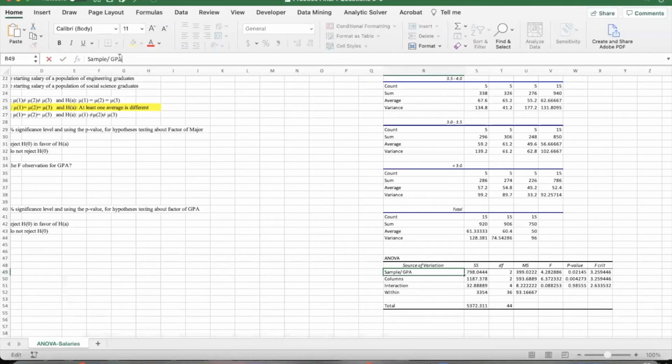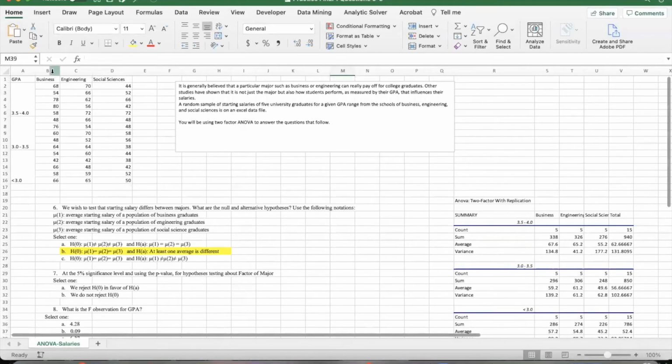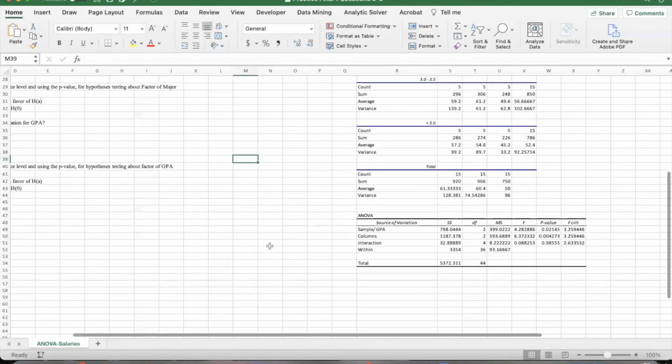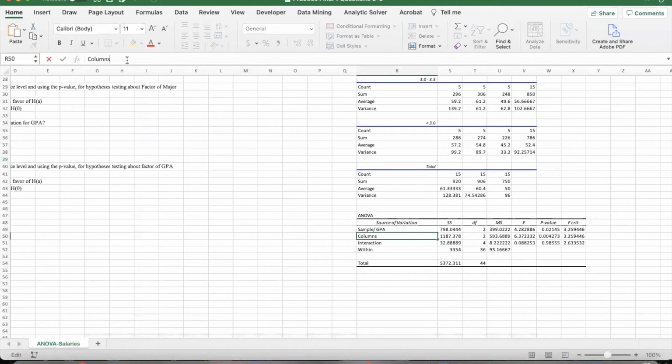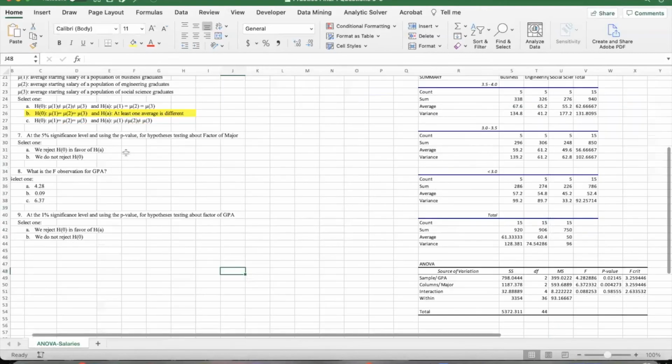So this is going to be our GPA. Our columns, that's going to be the business, engineering, social science. So that's going to be the factor of major. So now we can go to answer the question.